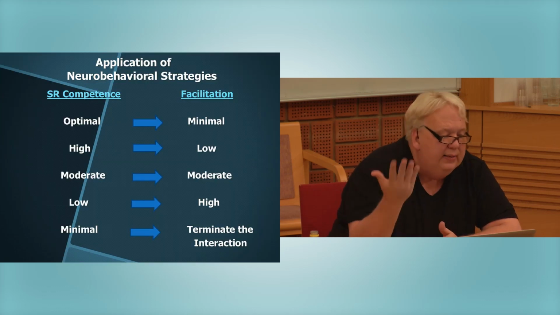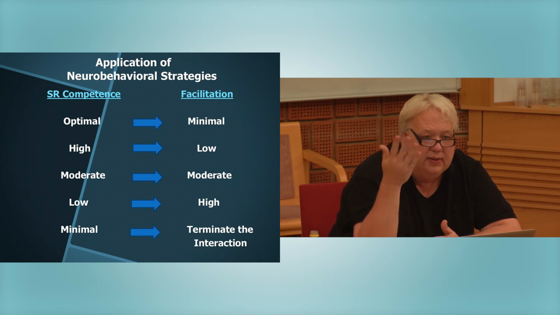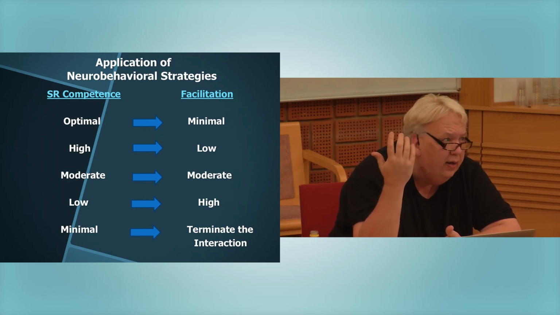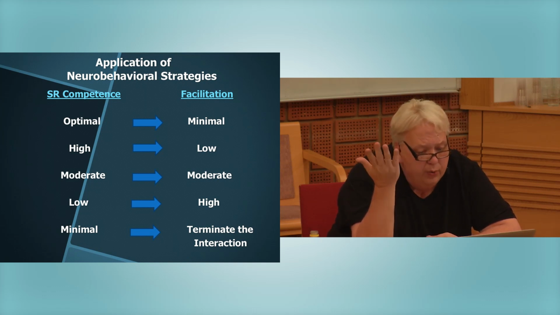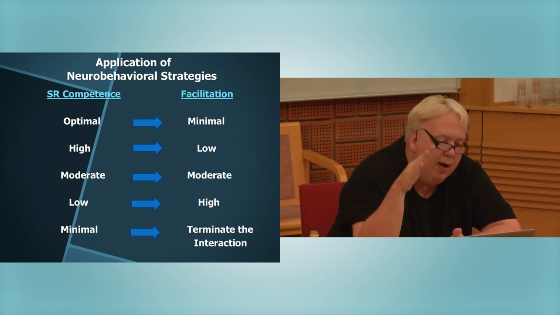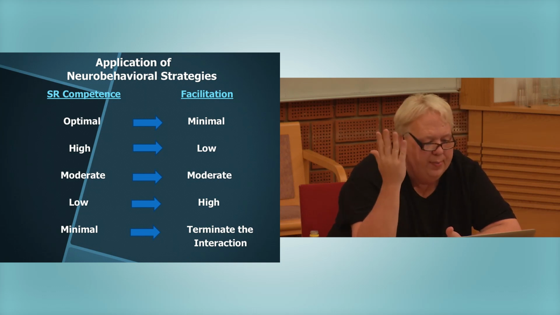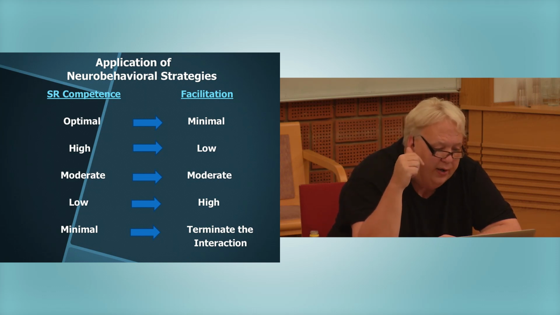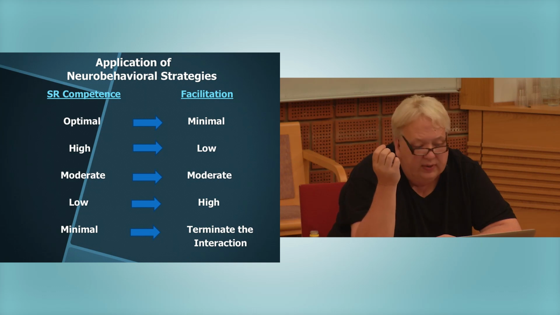If the child has optimal self-regulatory competence, obviously they would need minimal support from the adult. If they have a high degree of self-regulatory competence, they have low need for facilitation. Moderate self-regulatory competence, you have a moderate degree of facilitation. Low self-regulatory competence, a high degree of facilitation.